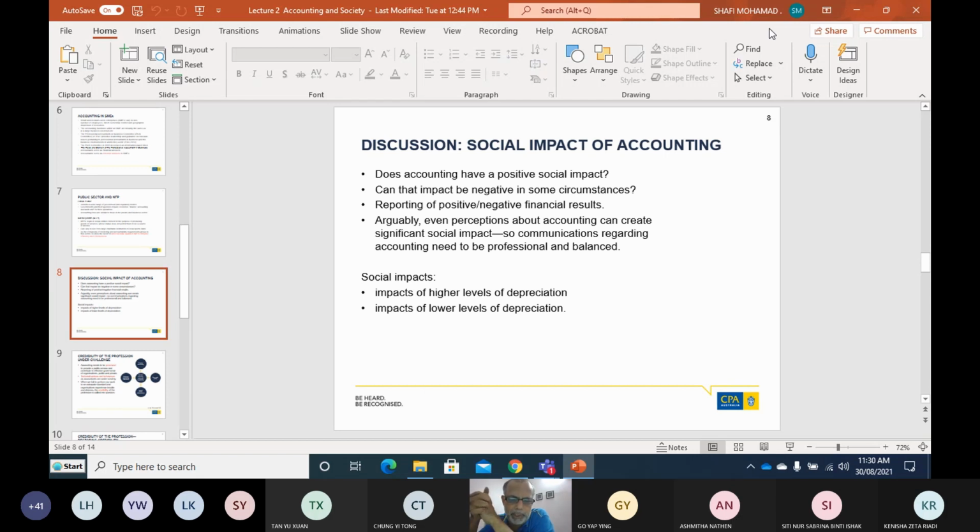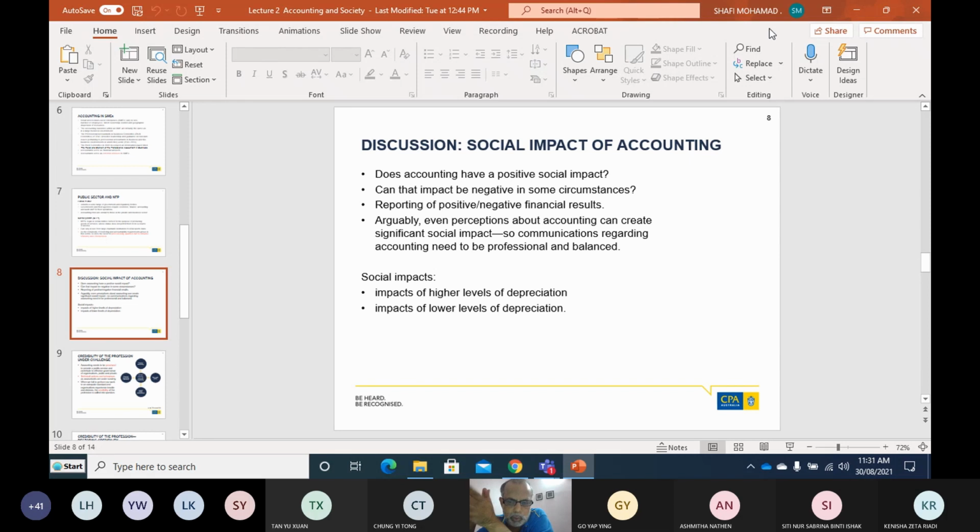Depreciation is one of those areas in accounting which is subjective, and because it is subjective, it can be abused. For example, we know there are many different ways of providing for depreciation. You have the straight line method, the reducing balance method, the sum of digits method, and so on and so forth.